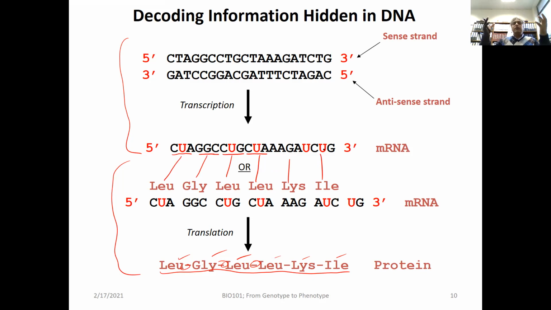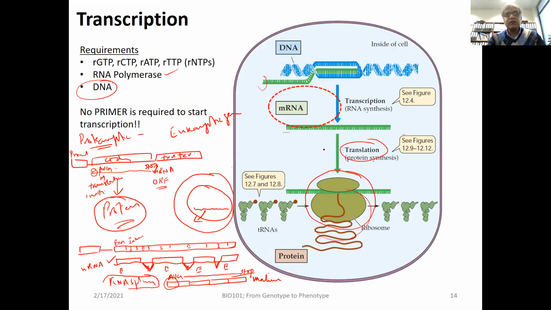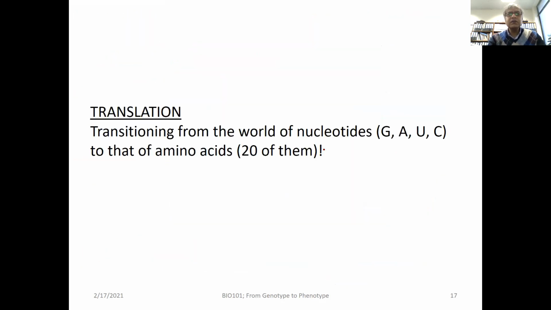Again, through very intelligent work of people in the 60s and 70s, we learned what in the genetic code encodes leucine, what encodes glycine. So let's go now from the world of nucleotides, which are A, T, G, C, into amino acids.